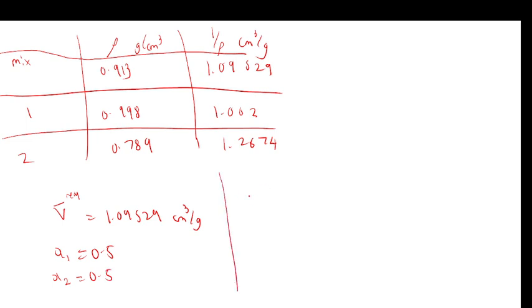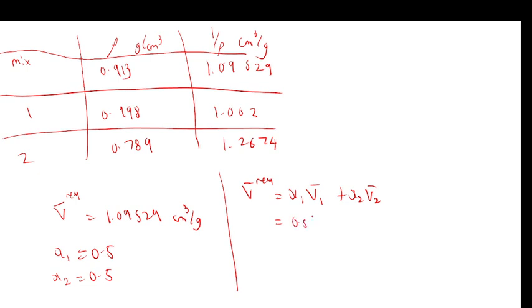So for the real case, my V ideal is going to be my x1 then my v1 bar plus my x2 then my v2 bar. So it's specific. Yes, okay, I think that's fine.